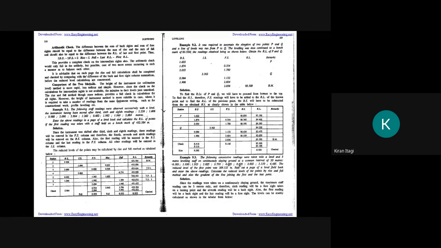It was required to ascertain the elevation of points P and Q, and the line of elevations was running from P to Q. The leveling was continued to a benchmark of 83.500. The readings obtained are as shown below. Obtain the RL of P and Q. Just take a screenshot of this question. Backsight he has given, intermediate sight he has given, foresight he has given. Take the screenshot.